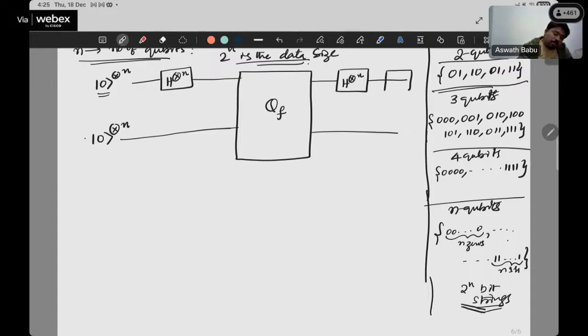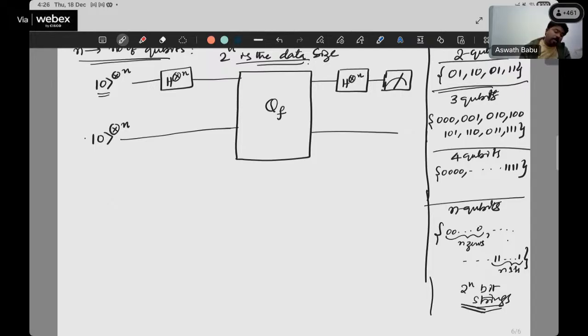I'll only make measurements at the query part, just like we did for the Deutsch-Jozsa algorithm. So by studying the output at the query, we will find out the answer.